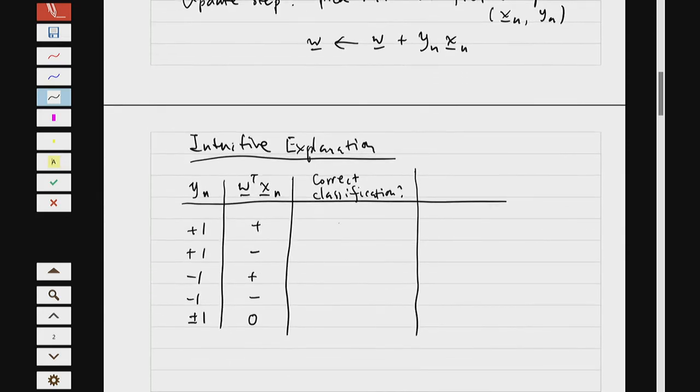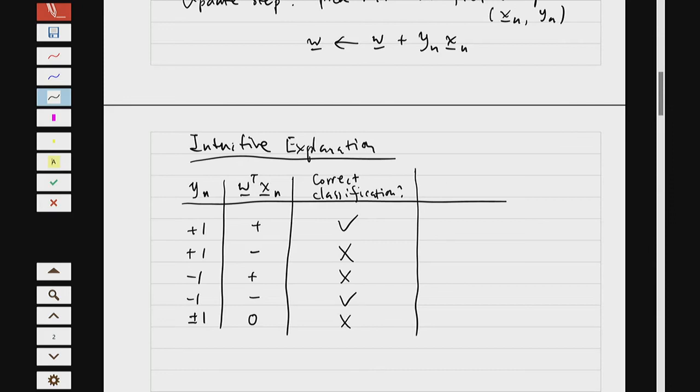The next case, they don't match, so it is not correct. The next case, again, they don't match, so not correct. But the fourth case, both of them are negative, so it's a match. So this point is correct. The last point, by definition, we say it's not correct. So these are the classification results for this point.